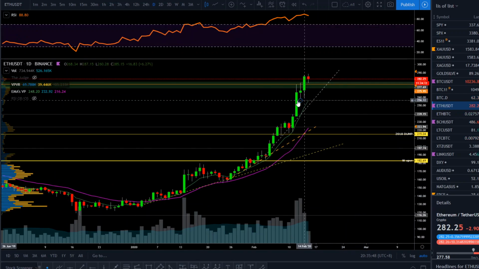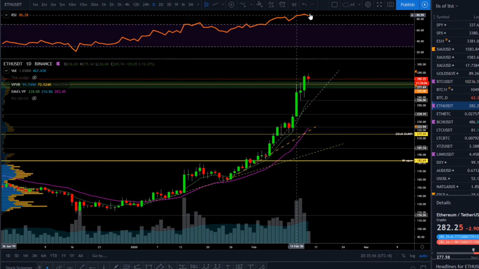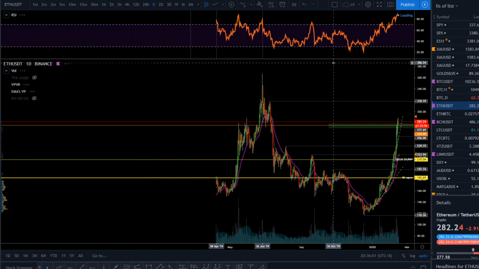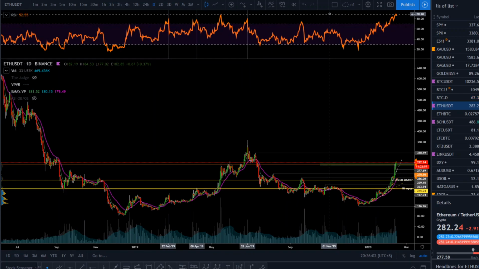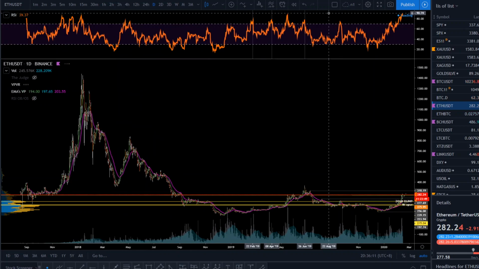I actually got out at about 259, but we still have one more push up here, and I'm not sure what's going to happen. But the RSI is so high here, and if you look backwards, this RSI level is pretty much the highest since the all-time high, right?